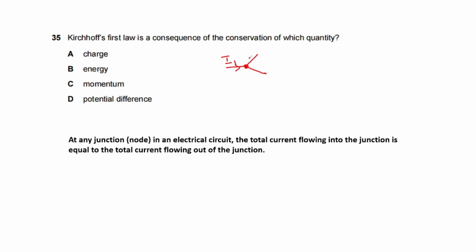When it meets the junction, it splits into two, I2 and I3. The summation of I2 and I3 will be equal to I1, because the charge, which contributes to the electricity, stays the same. It is not going to disappear when it meets the junction; it is just splitting into two paths, right? So the conservation of charge is used for the formulation of Kirchhoff's first law. So the option A.